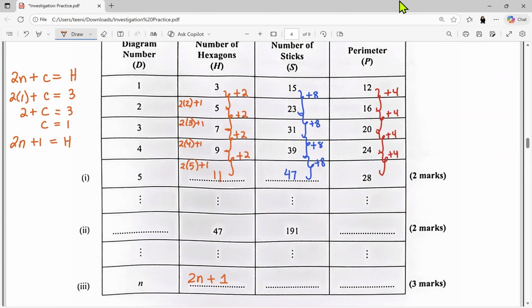The relationship is 2n plus 1, right? Yeah. Okay, but it takes me a minute. I'm gonna do it. 2 times 8 is 16, and 16 plus 1 is 17. So if n was 8, then it'll be 2 times 8 plus 1.